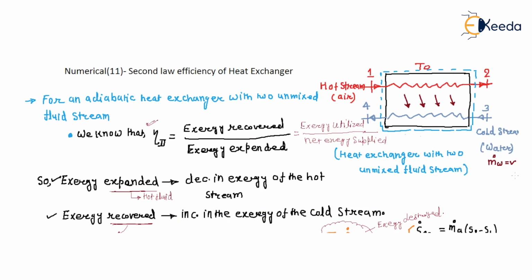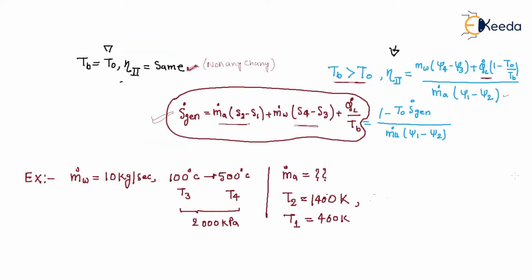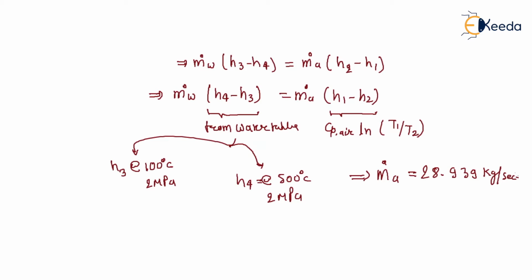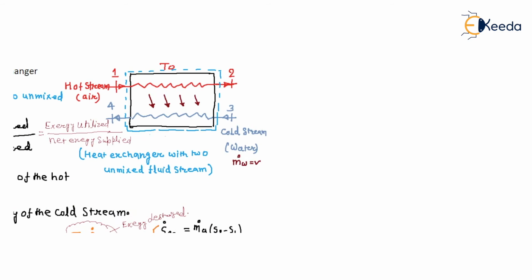And what is phi 1, phi 2, phi 3, phi 4? Phi 1 is H1 minus T naught S1.